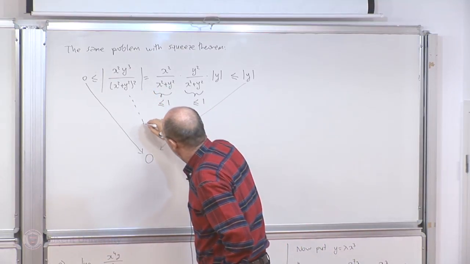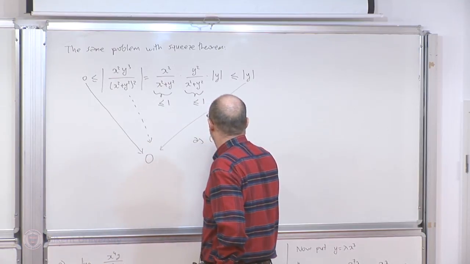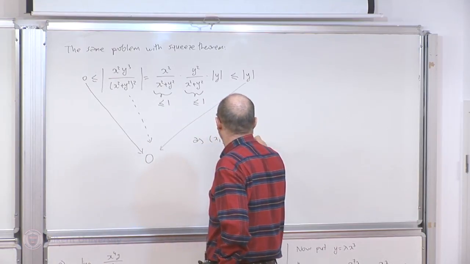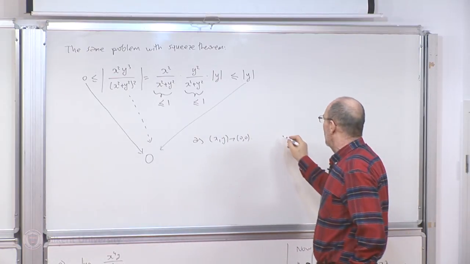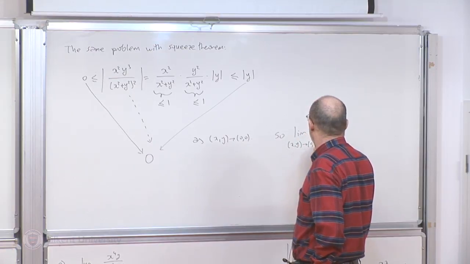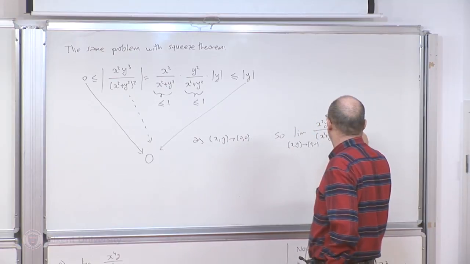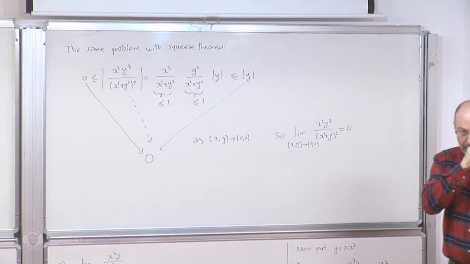Therefore, this thing goes to 0 as x, y goes to 0, 0. So the limit is 0. So the limit as x, y goes to 0, 0 of x squared y cubed over x squared plus y squared, squared is 0. Okay?